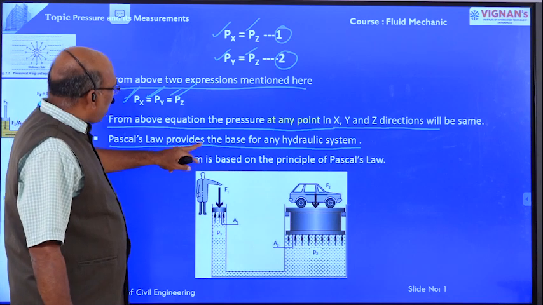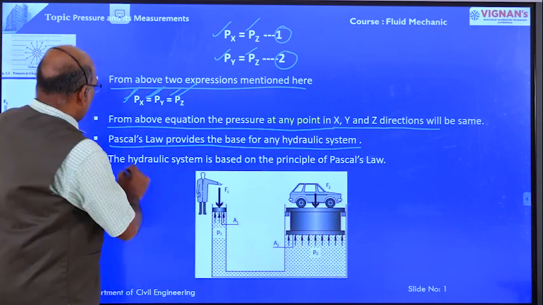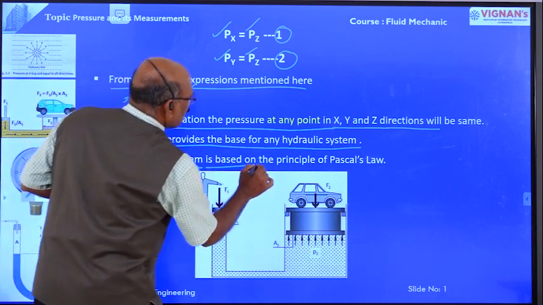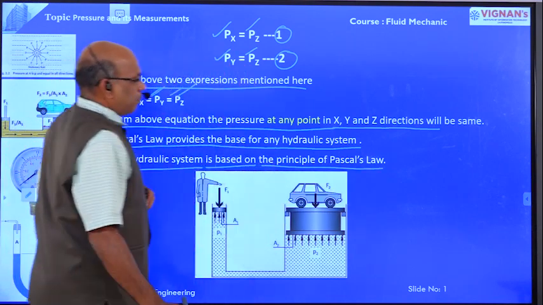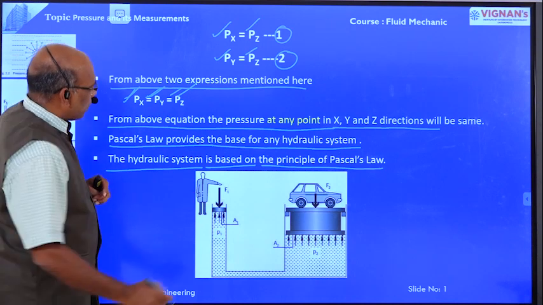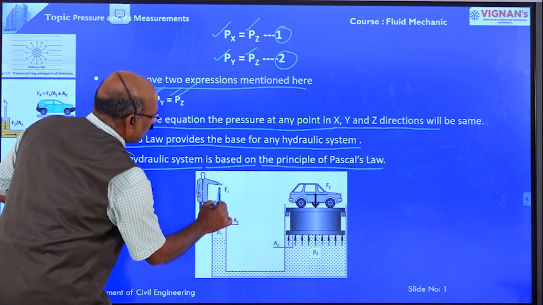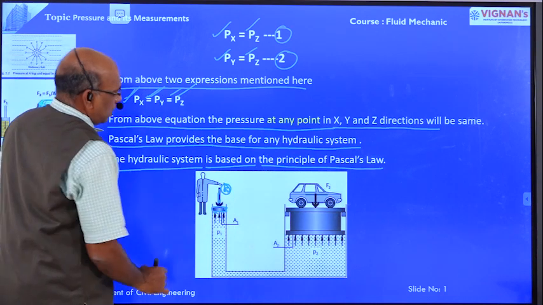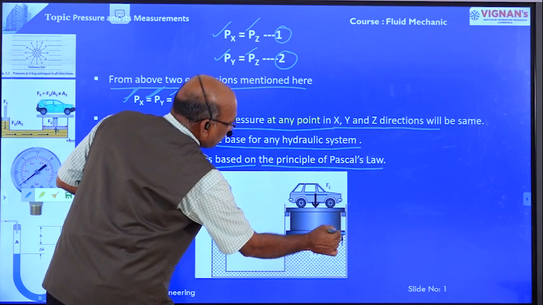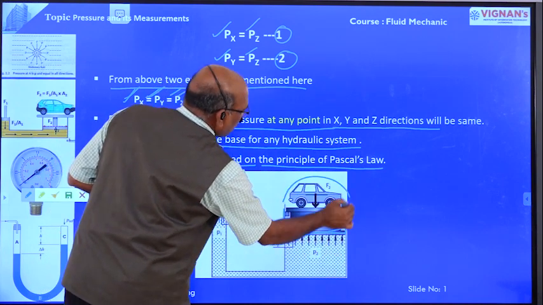Pascal's law provides the base for any hydraulic system. The hydraulic system is based on the principle of Pascal's law. Right here, this is one hydraulic system. This is the plunger. The force applied at the plunger is very, very small. This is the ram here. Here the weight lifted at the ram is high.